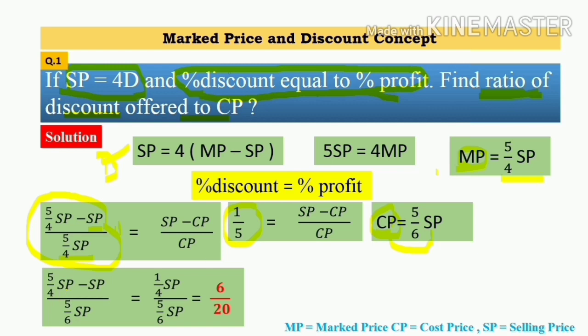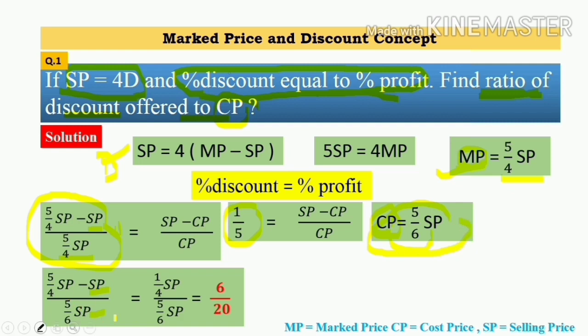For calculating discount, we first calculate the value of MP. MP means 5 by 4 SP minus SP. What is the formula for discount? That is MP minus SP. So I have simply put the value of MP minus SP upon CP in the ratio, and the value of CP is 5 by 6 SP.